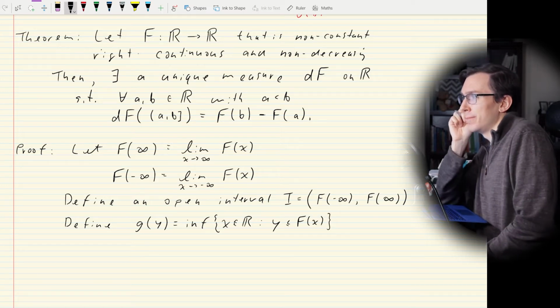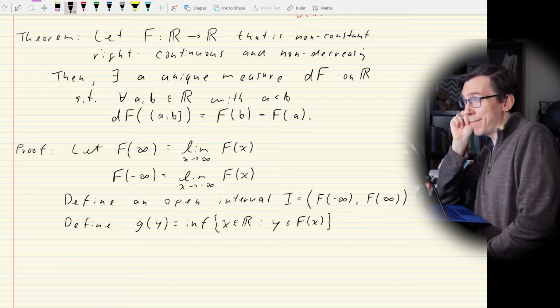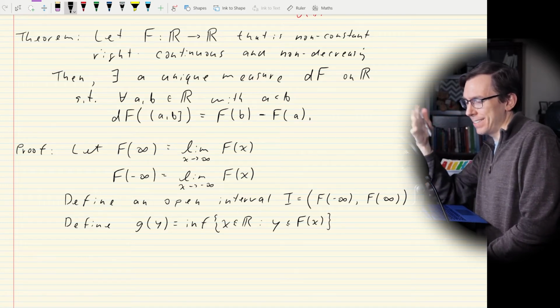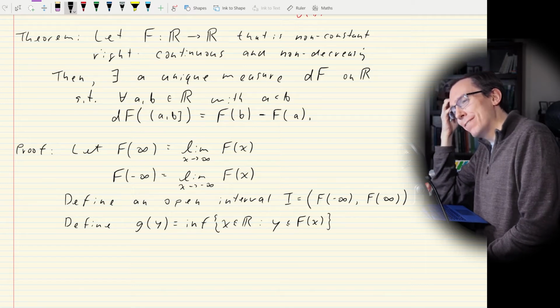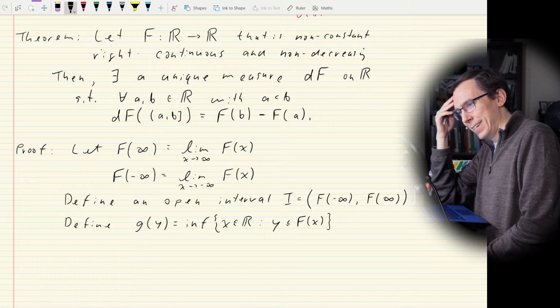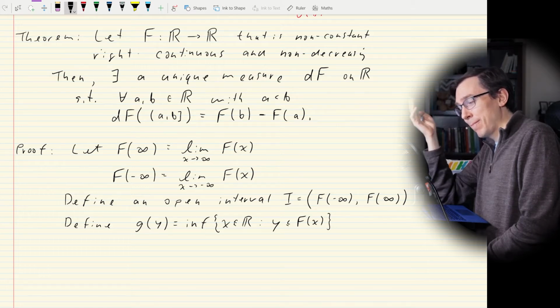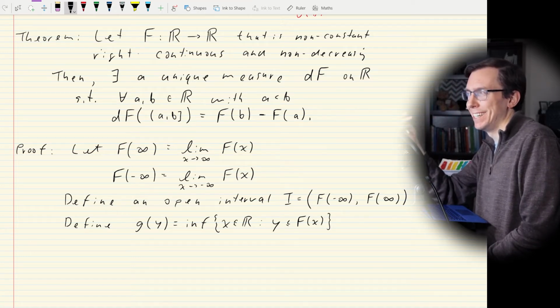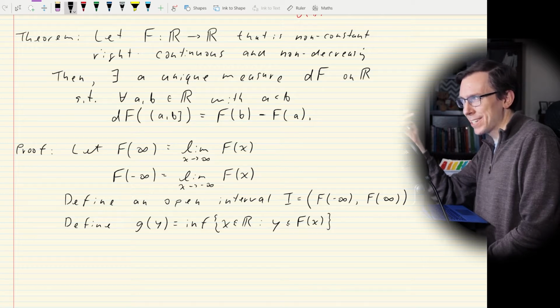Okay, what is that? This is kind of going to be like F inverse. If you have a continuous, monotonically increasing function, then we should be able to invert it. This one might not have a proper inverse, but we can at least define something that's going to be like an inverse for F.